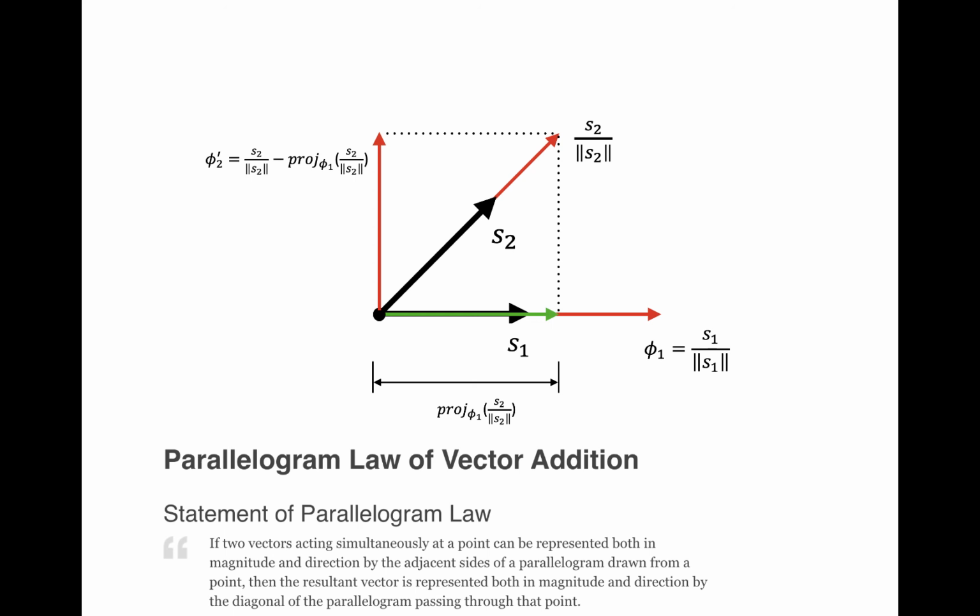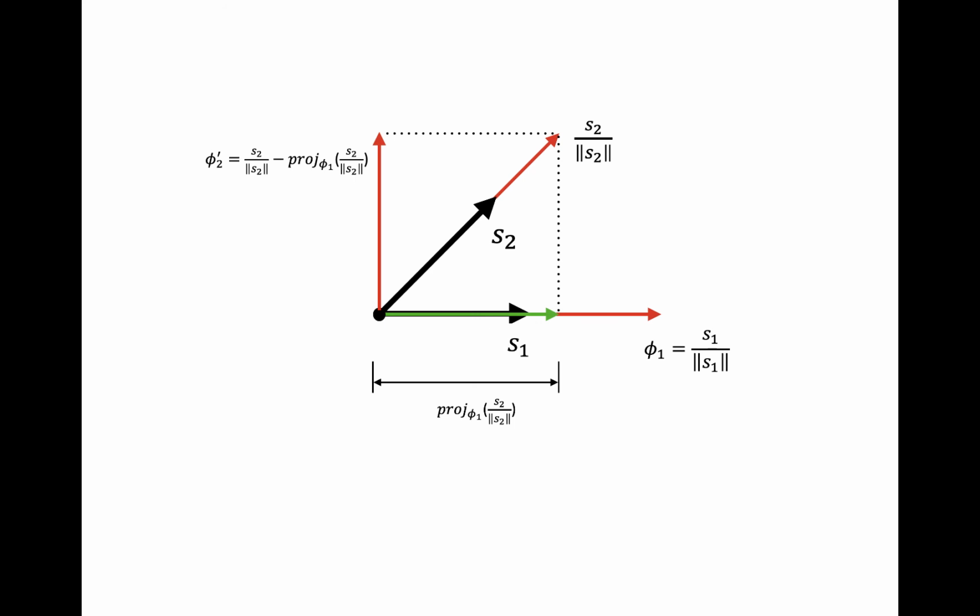So in whichever way you want to look at it, we wanted to find the projection of S2 divided by the norm of S2 on the phi 1 axis, and then we wanted to find the difference between these two vectors, which is phi 2 dash. That is perpendicular to the green projection vector.